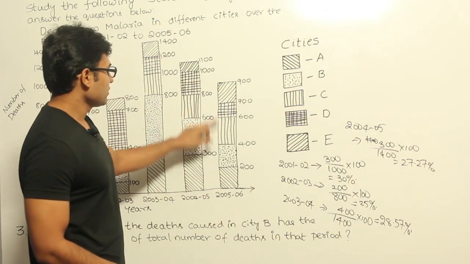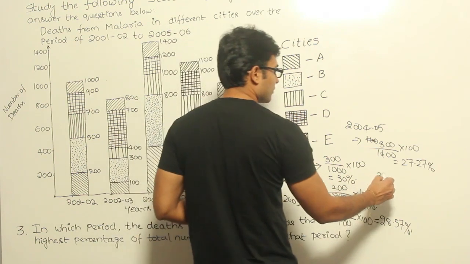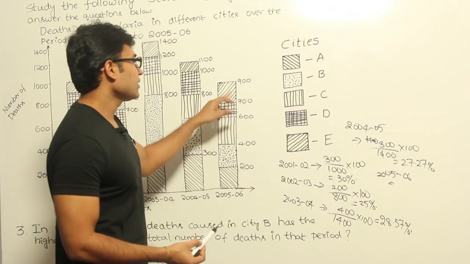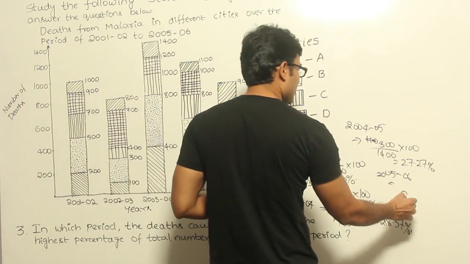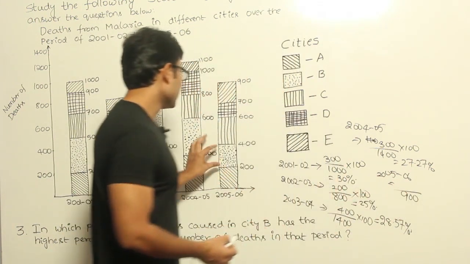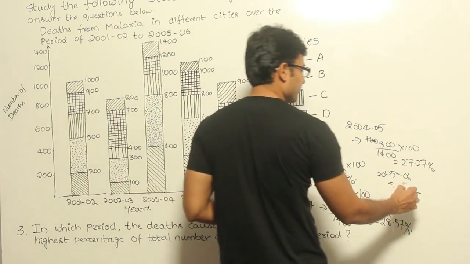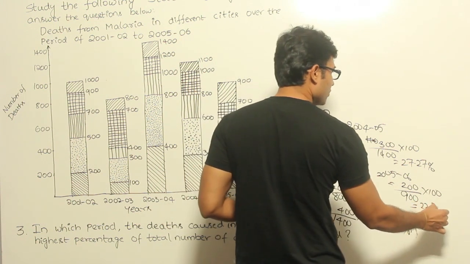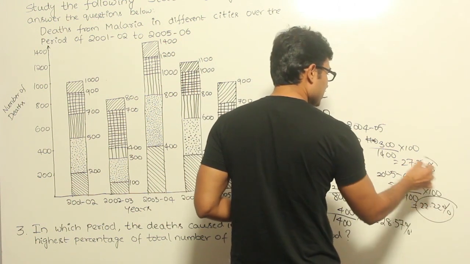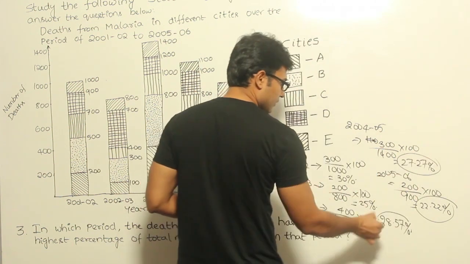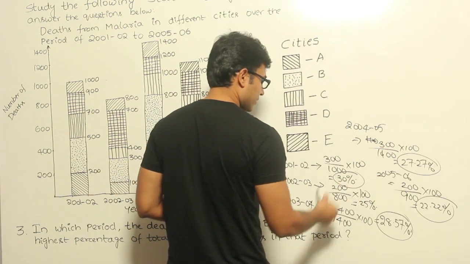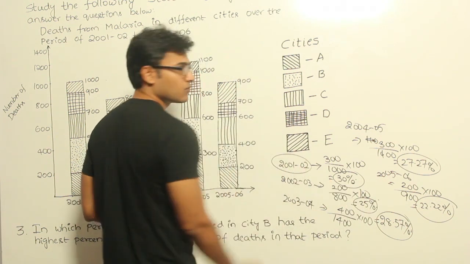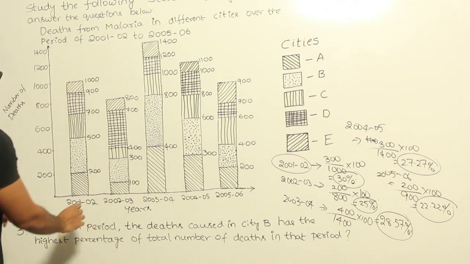And now for 2005 to 6, the total number of deaths is 900, and out of this 900, city B has contributed 200, right? So you are going to get 22.22%. Now if you see all the percentage contributions, the highest has been contributed in the period 2001 to 2. Therefore the answer is 2001 to 2. Okay.